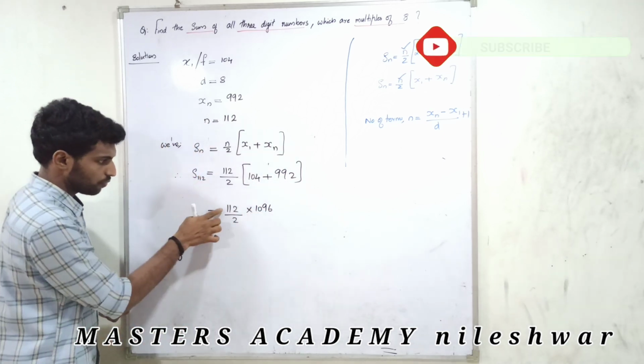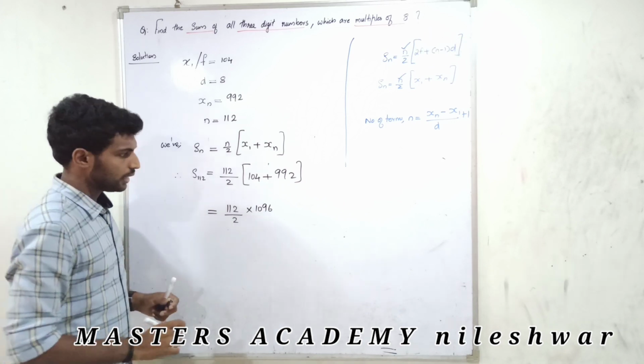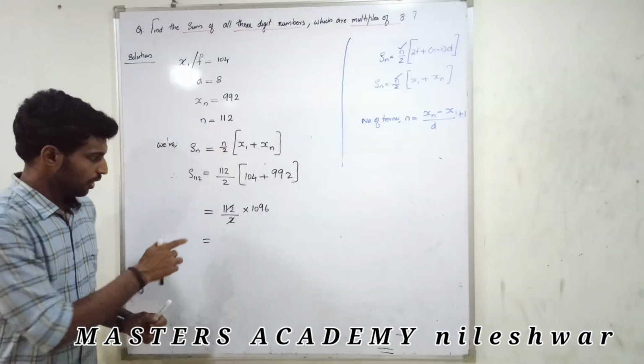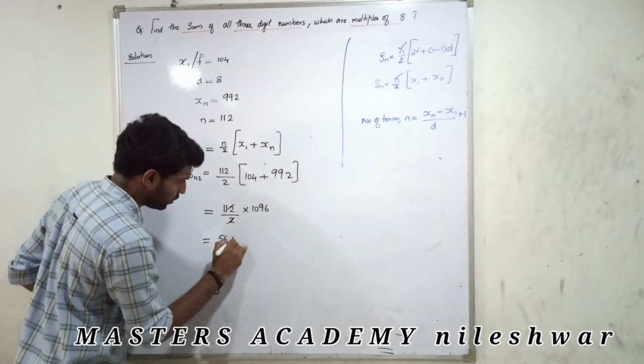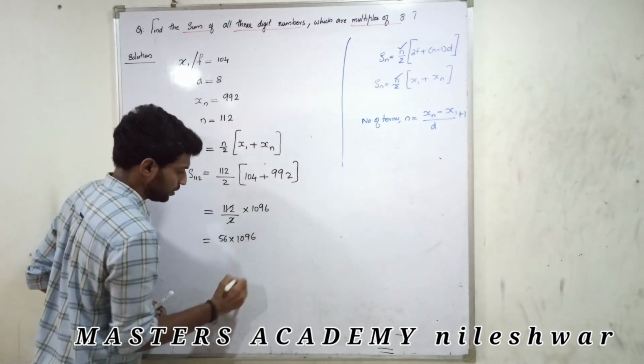So 112 by 2 into 1096 equals 56 into 1096.